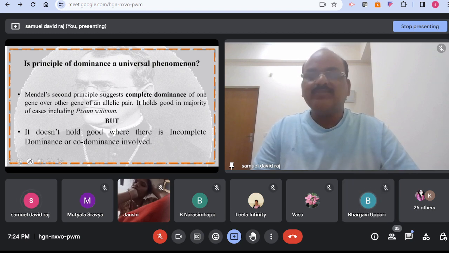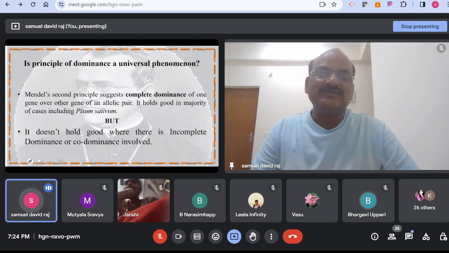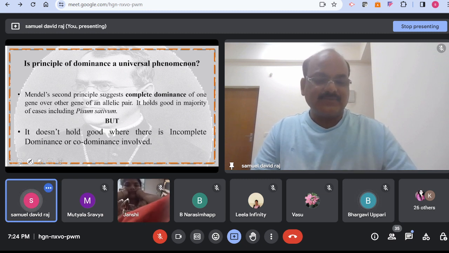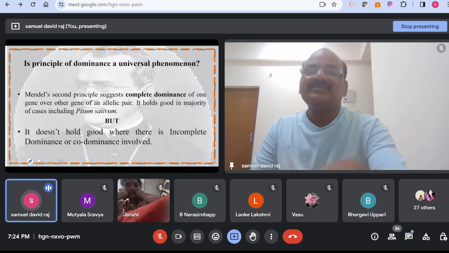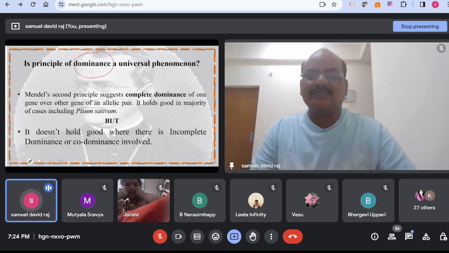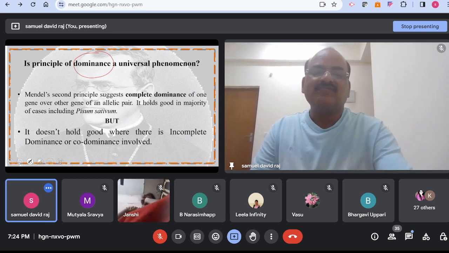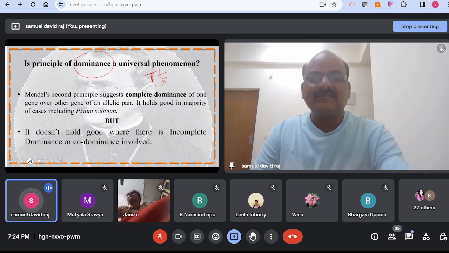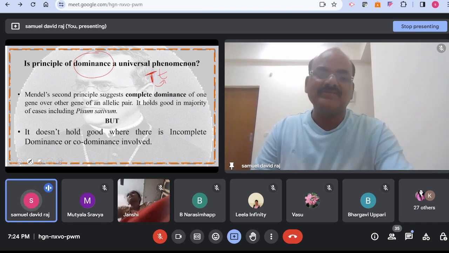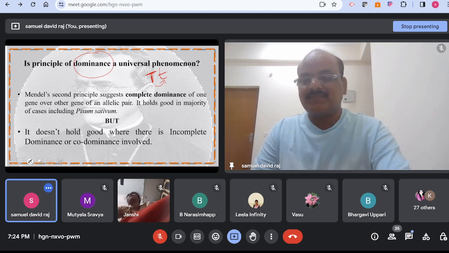Second one: is the principle of dominance a universal phenomenon? According to Mendel, out of a pair of contrasting characters, one suppresses the other completely. This is called complete dominance, where one is dominant and the other is recessive.